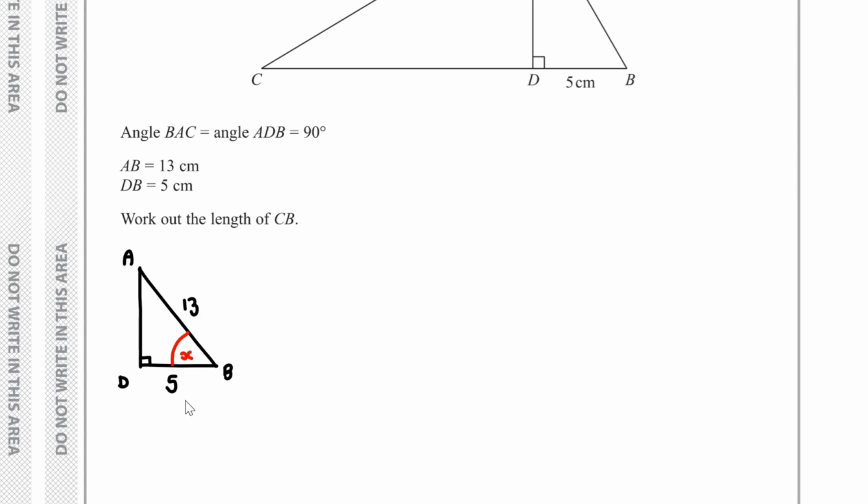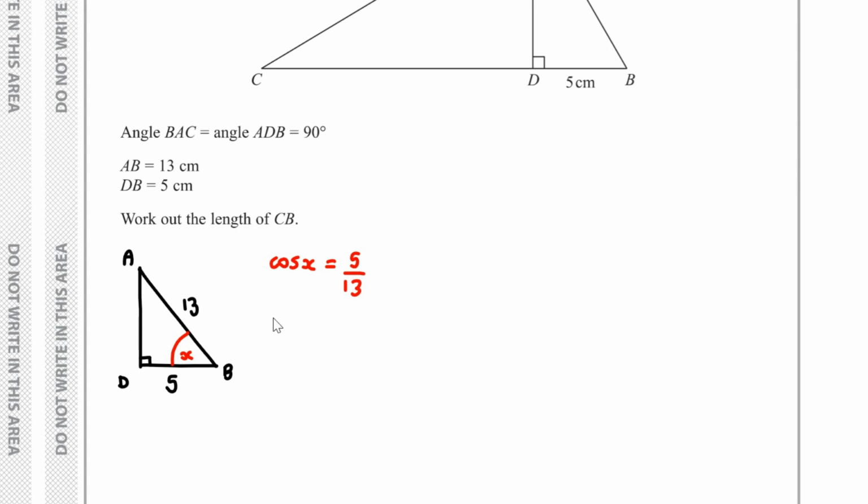But we've been given the hypotenuse and the adjacent, so the cosine of x is equal to the adjacent over the hypotenuse. Here we've got 5 over 13.